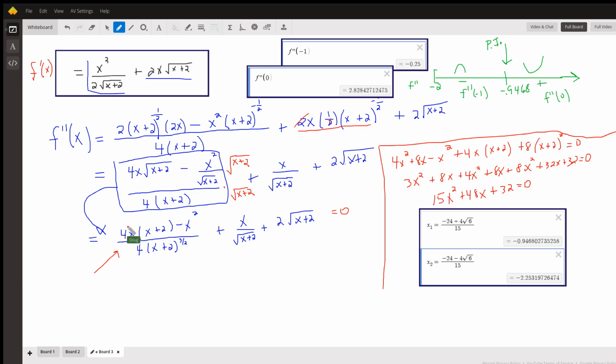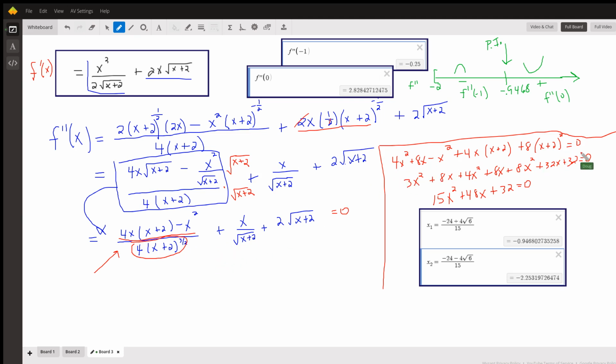And we want to know, when does this mess equal 0? Well, I've got to maybe simplify that. 4x squared plus 8x minus x squared is 3x squared plus 8x. What I did is multiply every term of this equation by this denominator right here, because that's the LCD of these two denominators.